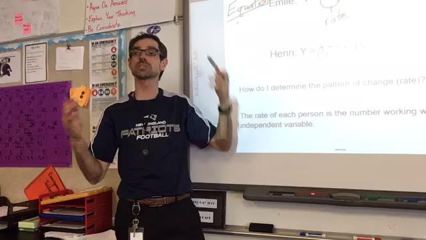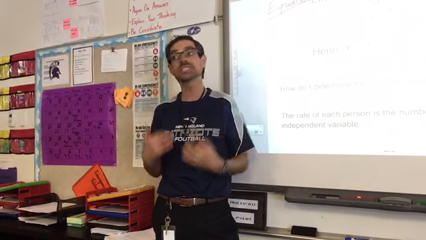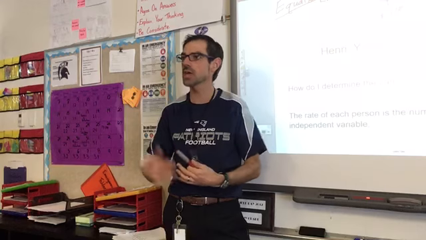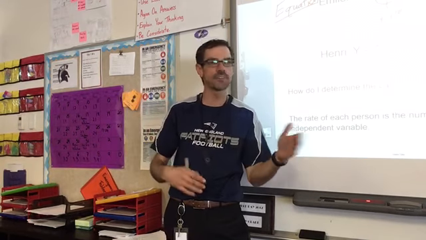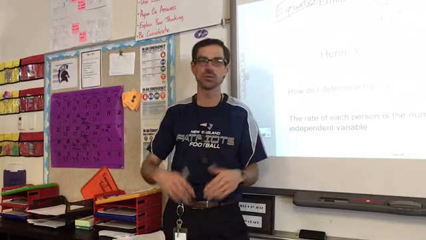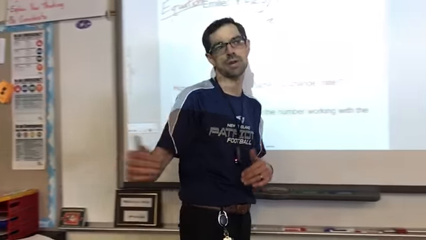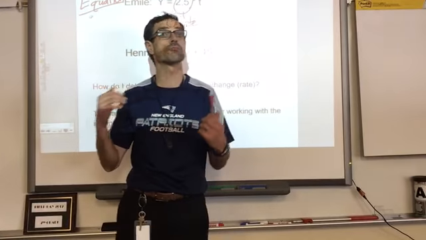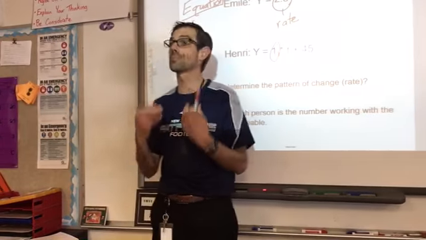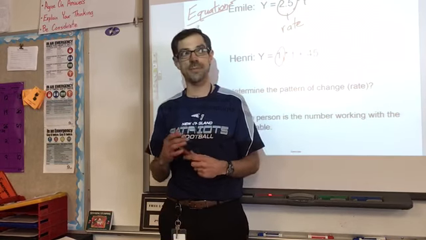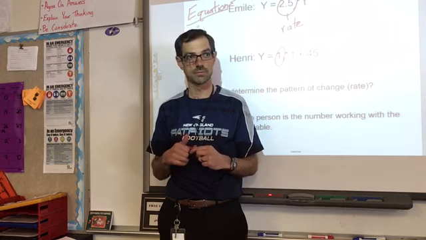So in equations, the pattern of change is easy to find because they give it to you. Or they say, Joe walks 5 meters per second. Or they tell you the donuts cost 50 cents per donut. That would be a rate. That is your pattern of change.